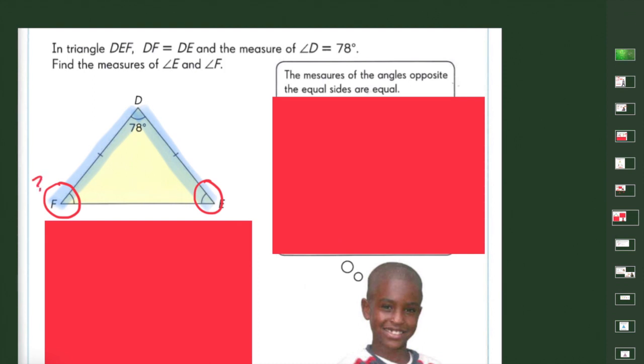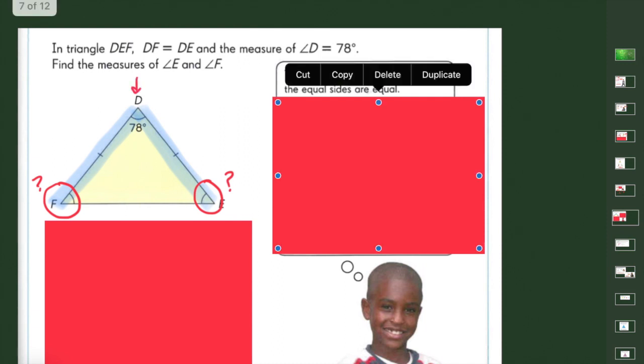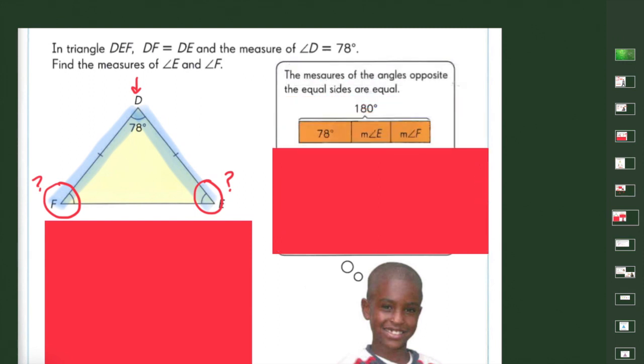But they don't give me angle F or angle E. They only give me angle D. So let's look at what we know, okay? We know that all three angles in a triangle have to have a sum of 180 degrees. The other thing that I know is that one of those angles is 78 degrees.